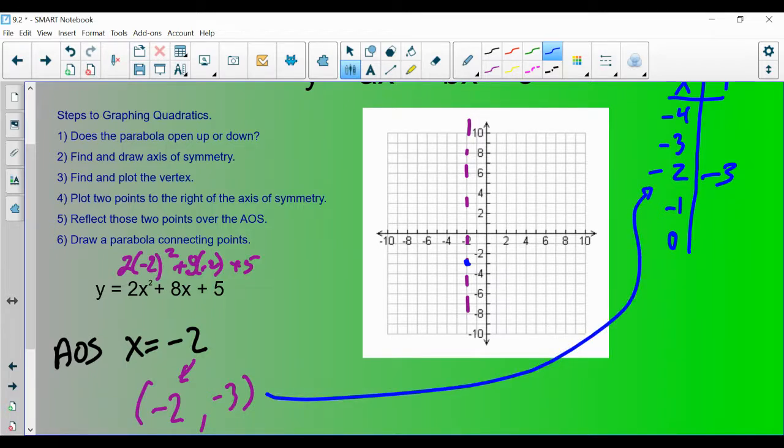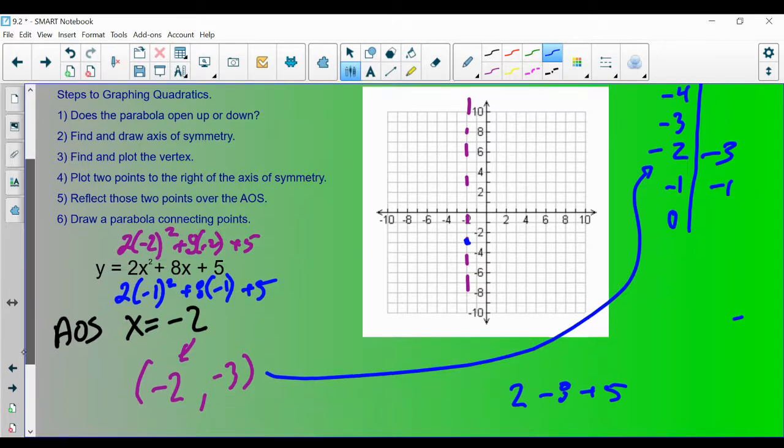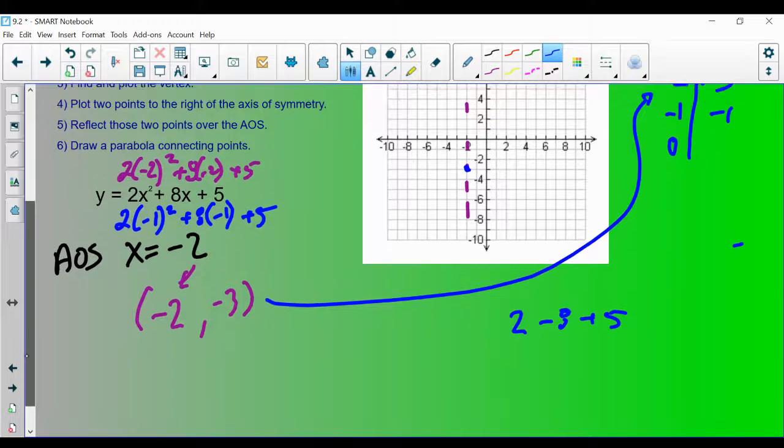And then we're going to simply plug in some of these x values in for x, like plug in -1. If you plug in -1, that would look like 2 times -1 squared plus 8 times -1 plus 5. Like I said before, our calculators should be able to handle that whole thing in one line. -1 squared is 1, and 1 times 2 is 2, minus 8 plus 5, and we're going to end up with -1. 2 minus 8 is -6, plus 5 would be -1.